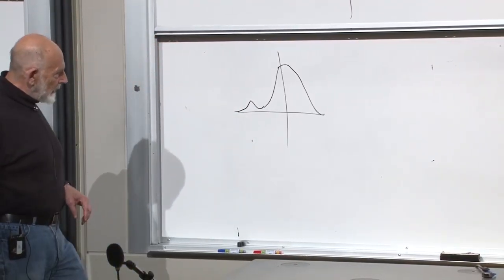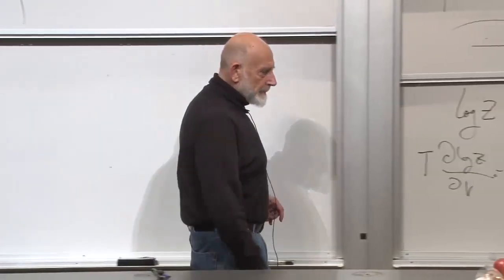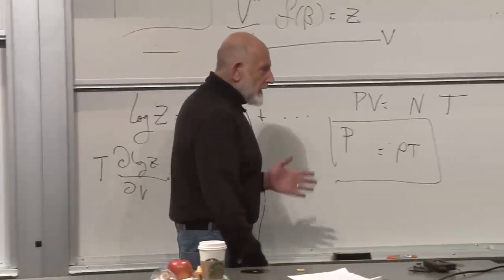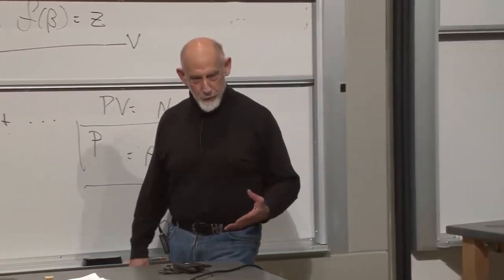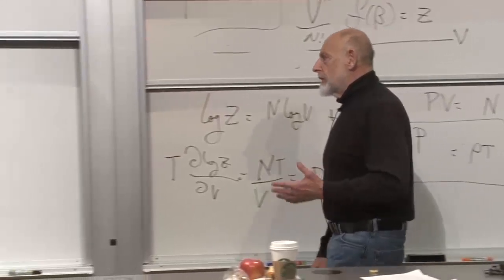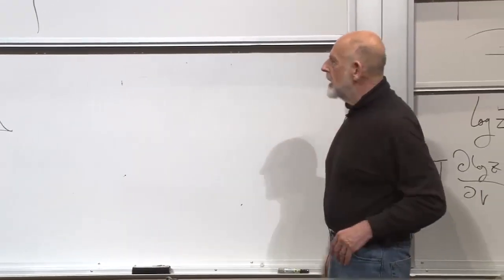The definition of the fluctuation is not a complete description of the probability distribution. It's just a description of one aspect of it, which is kind of an approximation to its width.